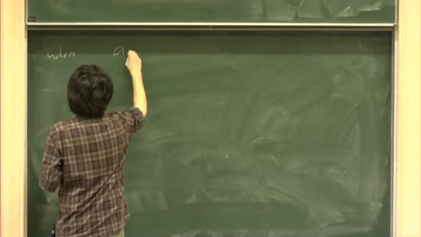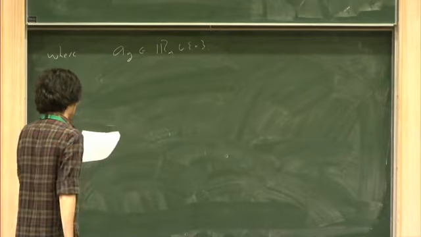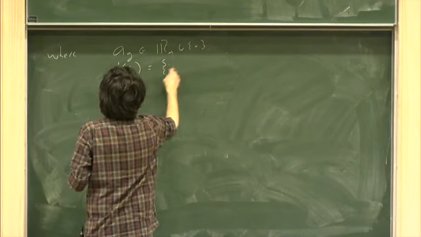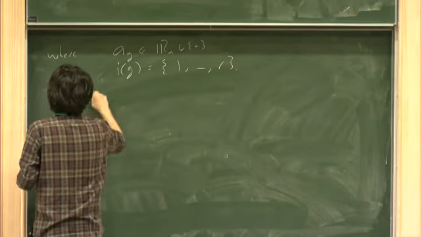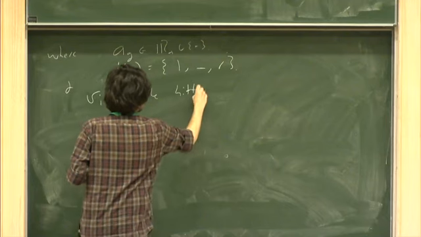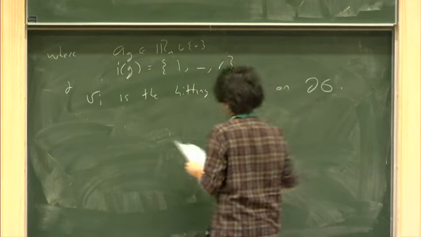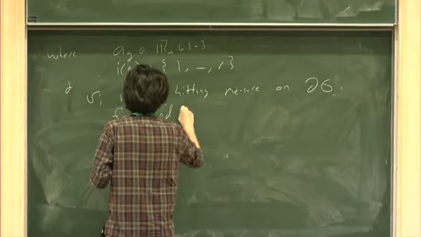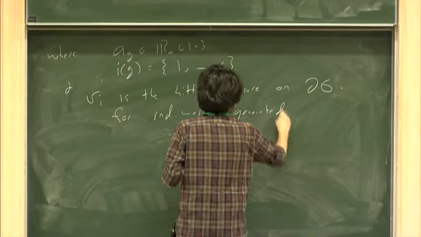Well, these a_g are just positive real numbers, possibly 0. i_g just gives us one of these indices, 1 through r. And nu_i is the hitting measure, the harmonic measure, on the boundary of G for the i-th random walk, say, generated by the measure mu_i.